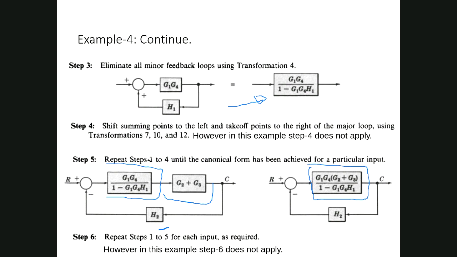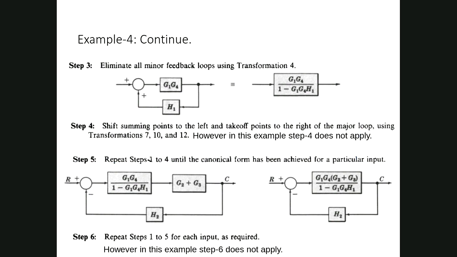Let's assume this is GP. Then the transfer function of this is going to be GP over 1 plus H2 times GP. And you can substitute for GP with that value there. So you see, it's straightforward if you understand what the steps are.